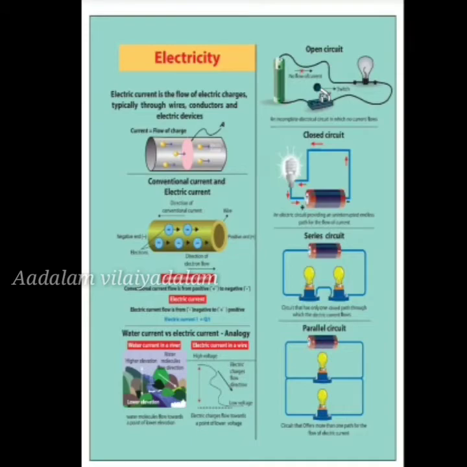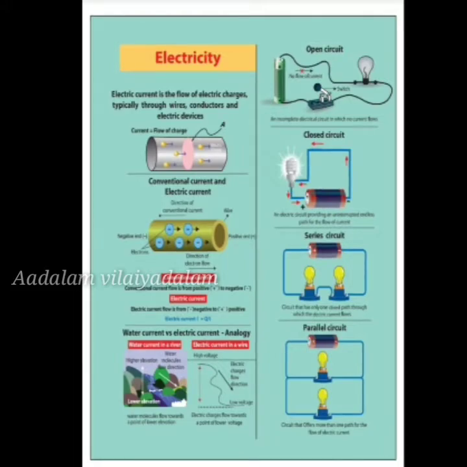Next, you will see conventional current and electron current, and how they flow in opposite directions. Positive to negative is conventional current, negative to positive is electron current. Then water current versus electric current. Water flows from higher elevation to lower elevation. Here, it is high voltage at the high position and low voltage at the low position, flowing from high to low.